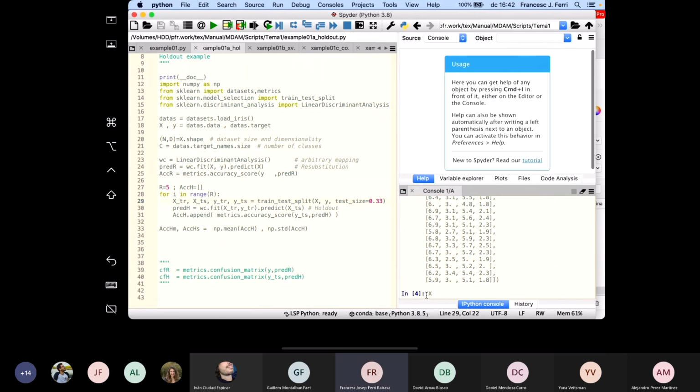But this is just one example. Can you understand this without going into details? The data here has 4 dimensions, and the values of each dimension are 5.1, 3.6, sorry, 1.4, 0.2. This is the X, the values corresponding to one of the examples.